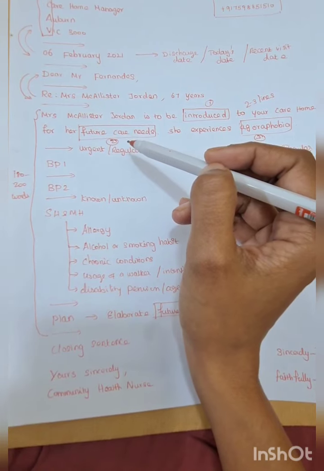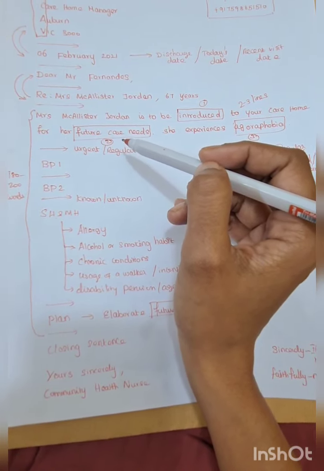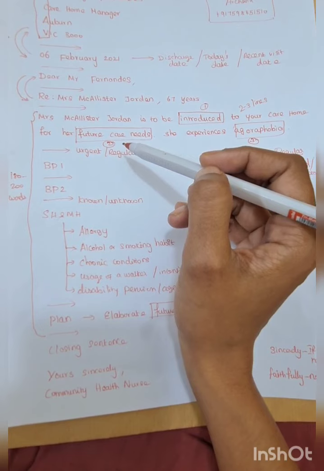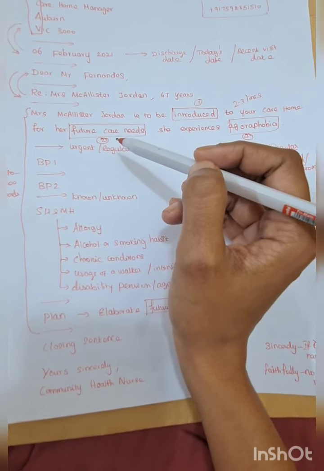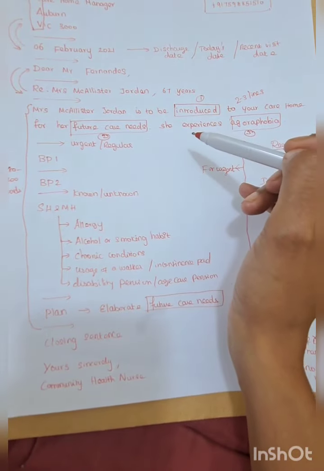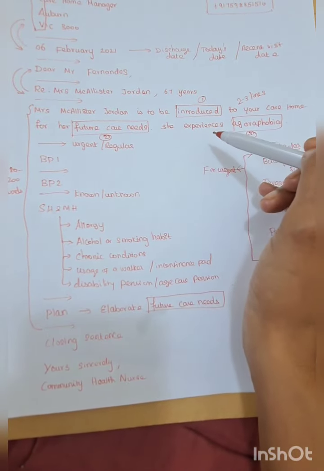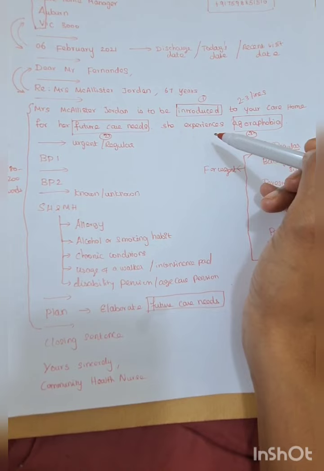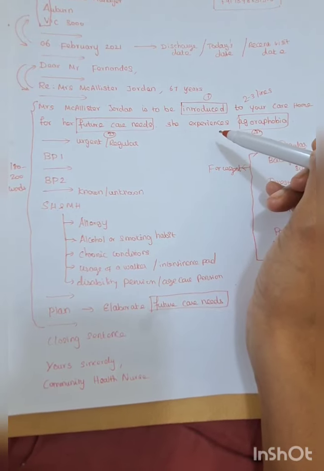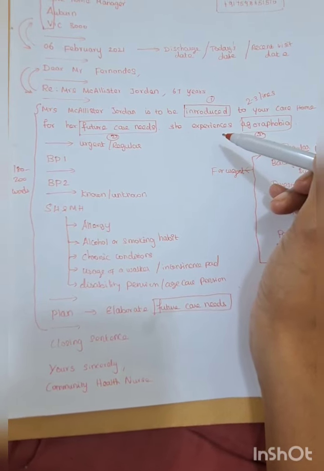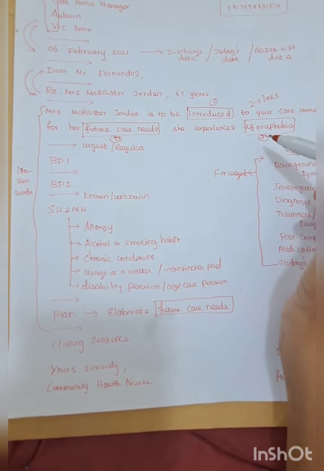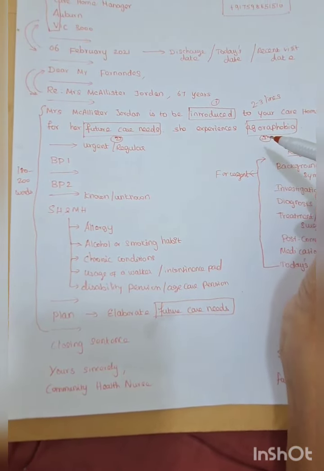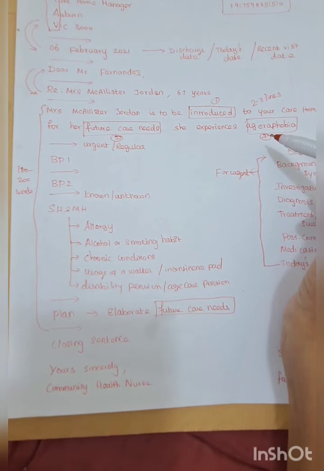What is her condition? What condition does she face? Or is there something like you provided any treatment or surgery? You can mention that as your next point. She experiences here, still she experiences, so it is present, it is valid till now. Okay, so she has some fear. So I'm giving the condition she faces right now.